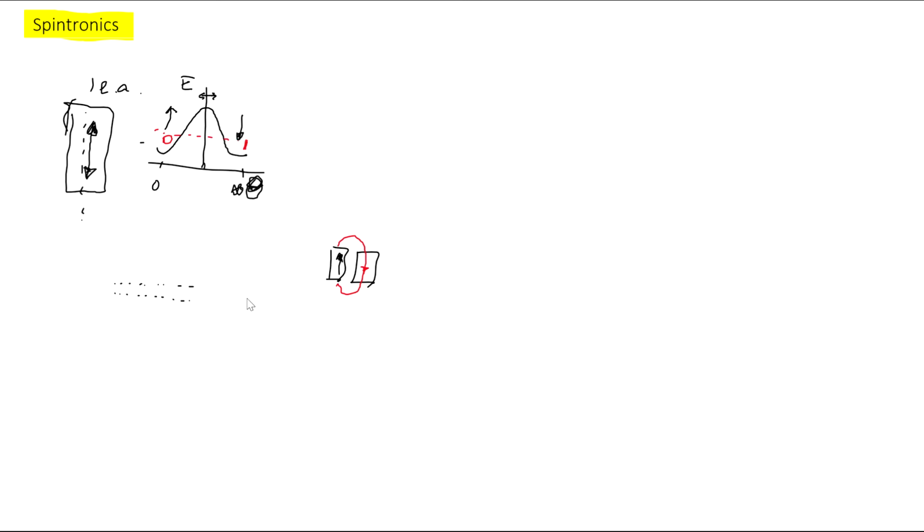The other option is to get a continuous film, and I'm drawing a disk. The idea is that you can spin the disk and you can write your magnetization here.